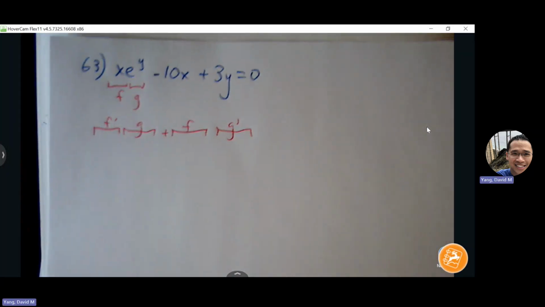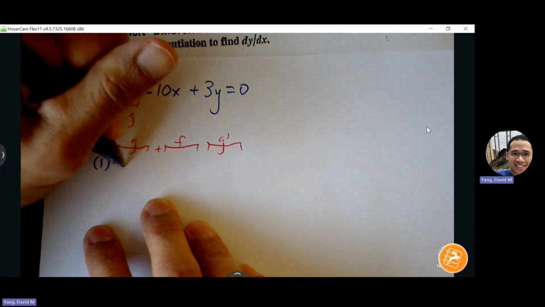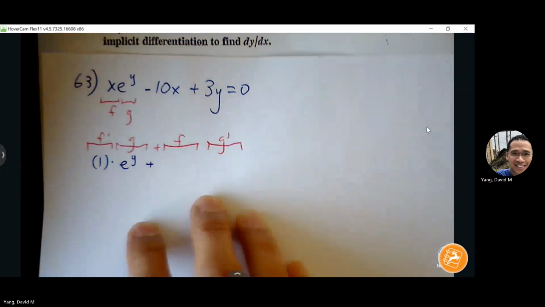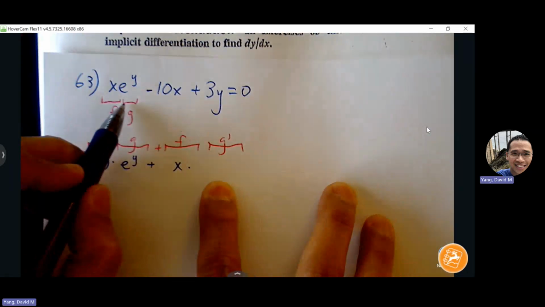All right, so what's that prime going to be? G function, no changes. Back to F. G prime, what's G prime going to be?